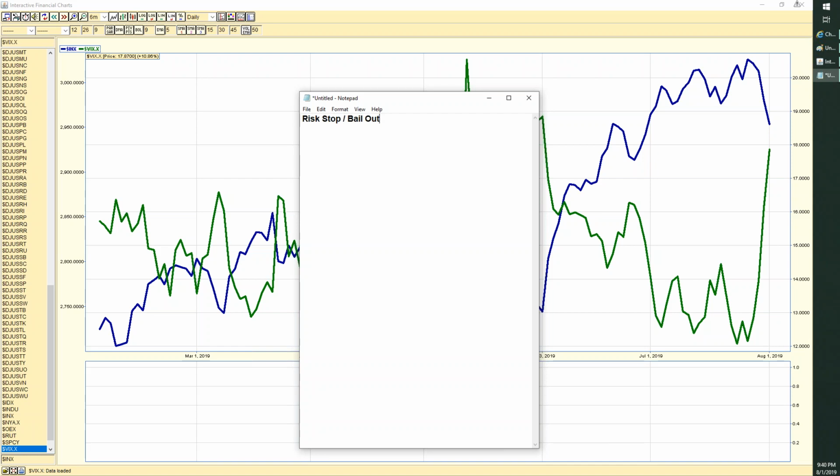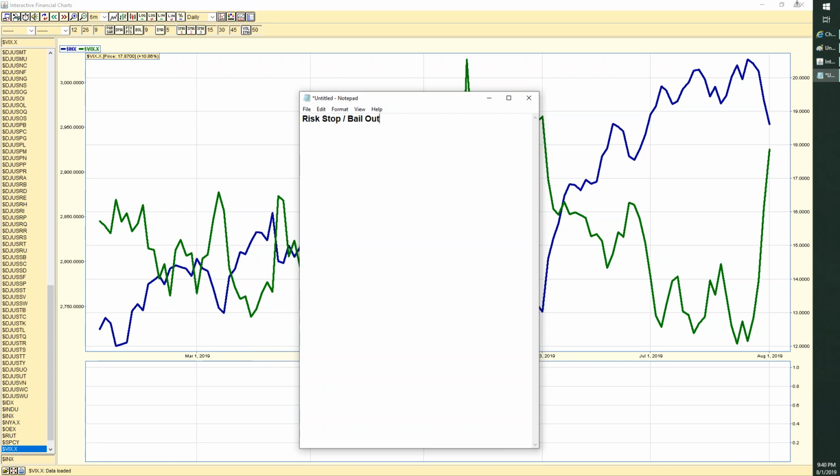So calculate that worst case loss. And from that loss, that's called your max risk. How much risk per share will you be exposing yourself to?